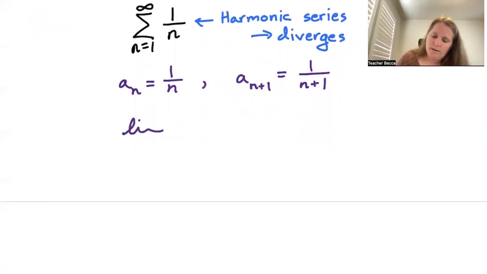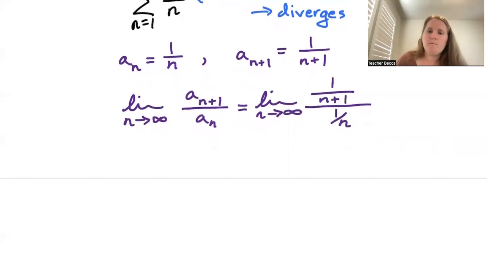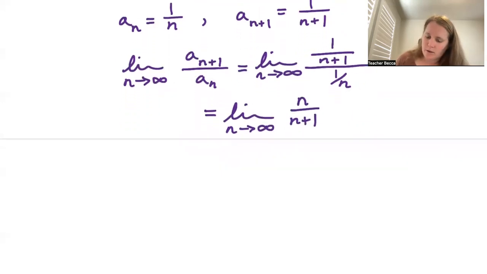So the limit as n goes to infinity of a sub n plus 1 over a sub n is just the limit as n goes to infinity of 1 over n plus 1 all over 1 over n. Of course, that's the same as the limit as n goes to infinity of n over n plus 1. And that is simply 1.